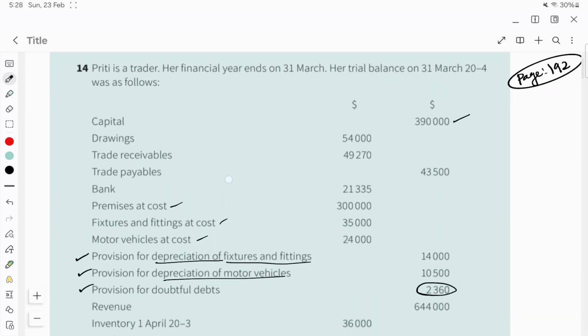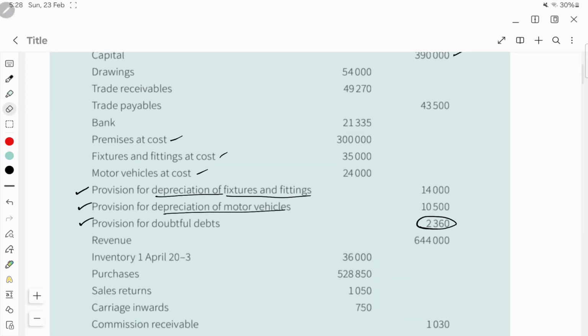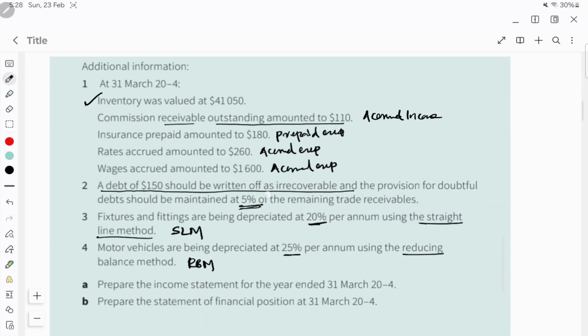First, identify which items will be in the trading section. Before that, we should know the equations for the trading section. Gross profit is equal to revenue minus cost of sales.